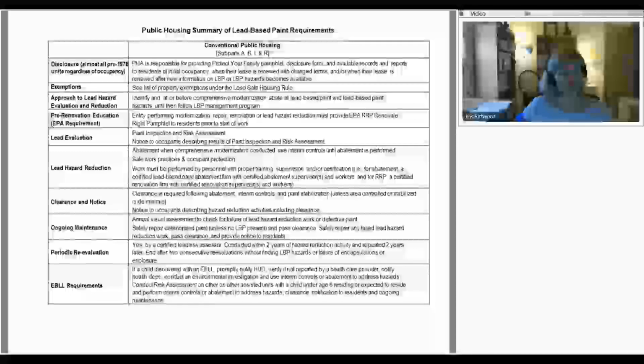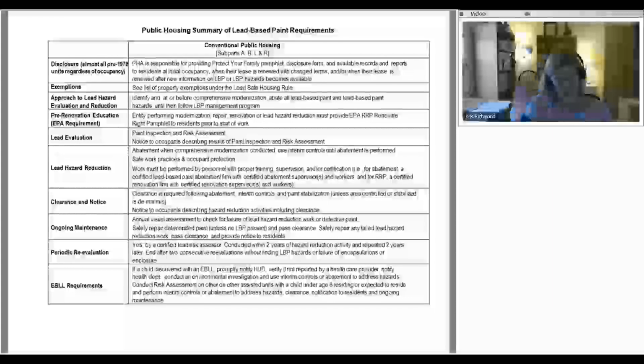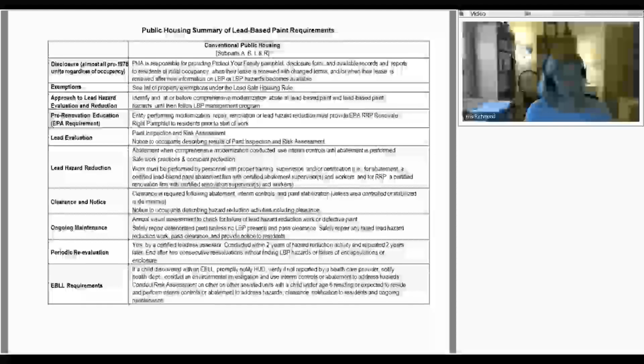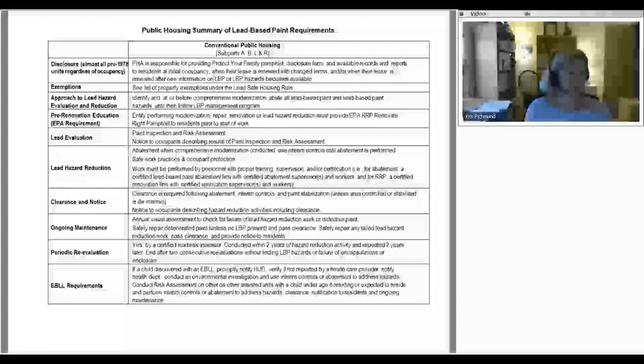If for some reason we need to relocate the household, we're making sure that we're doing occupant protection. We might have to be involved with temporary relocation. We're going to be doing clearance and having our risk assessors do our clearance. We're going to provide a copy of the notice of lead hazard reduction activities that would include the information from the clearance report, and then we'll be going into ongoing maintenance.